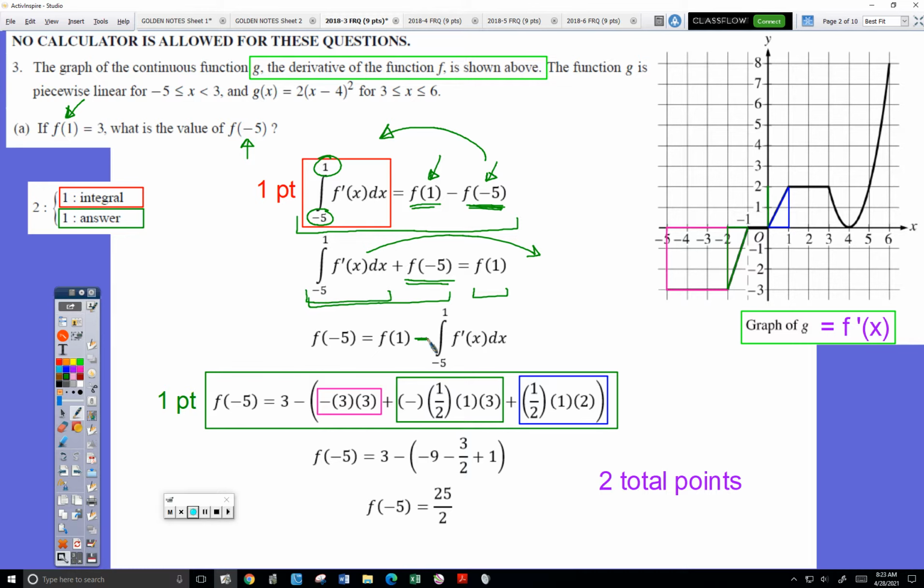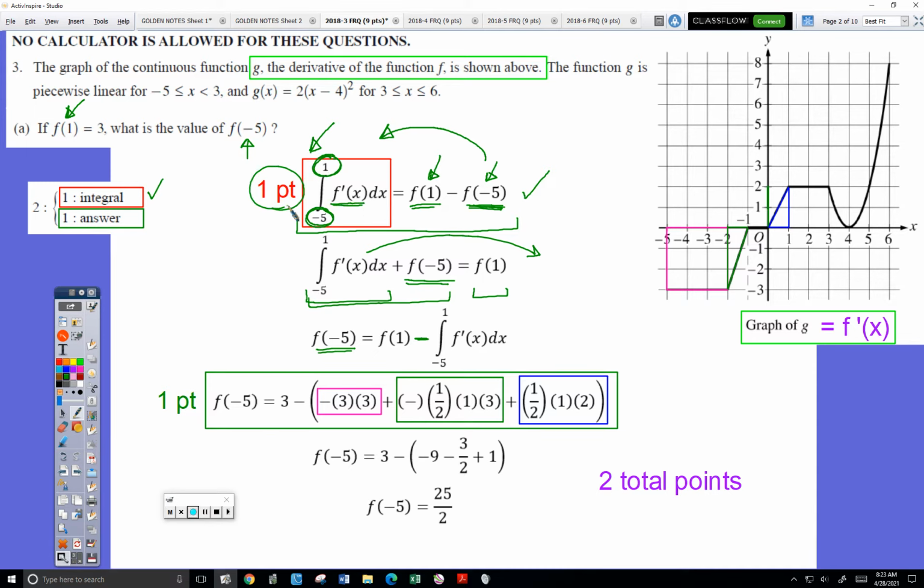I'm subtracting. So here's my formula for finding f of negative 5. Notice they gave 1 point for identifying that it was necessary to integrate f prime. So as soon as I wrote the fundamental theorem with the correct limits and showed that I was integrating f prime, that earned me 1 point.